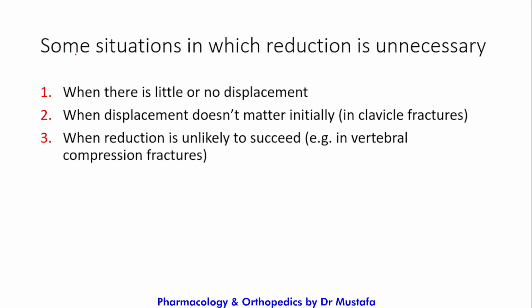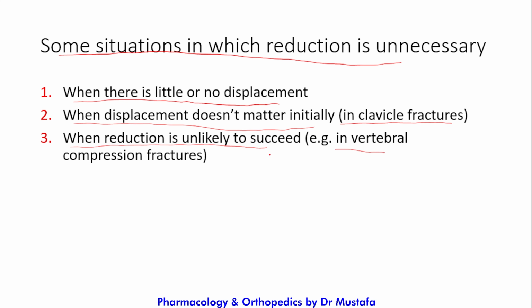Here I will mention some situations in which the reduction is unnecessary. Reduction is unnecessary when there is little or no displacement at the fracture site, and when displacement doesn't matter initially, for example in clavicle fractures, and when reduction is unlikely to succeed, for example in vertebral compression fractures.